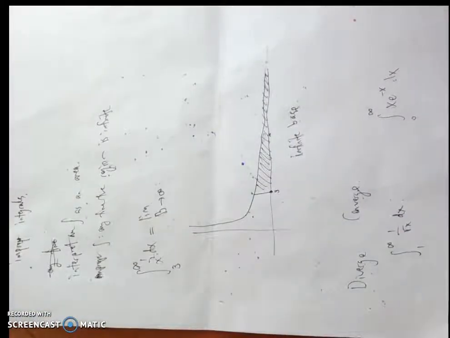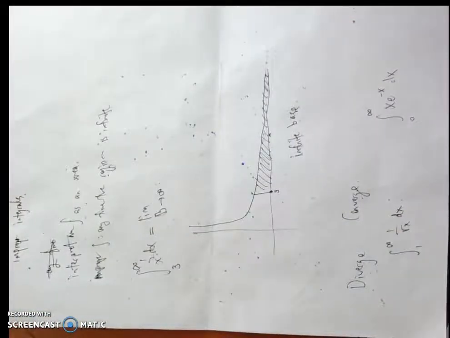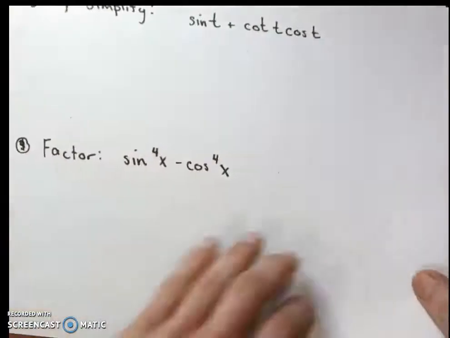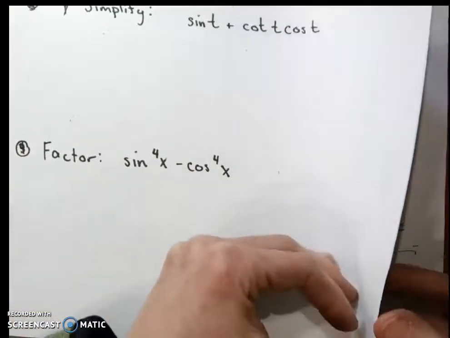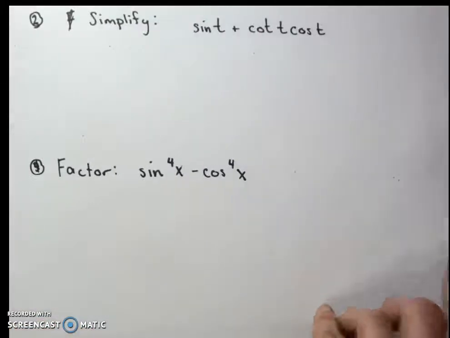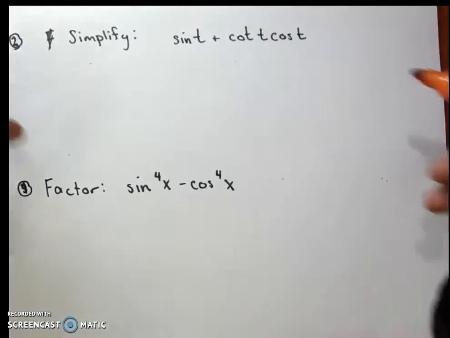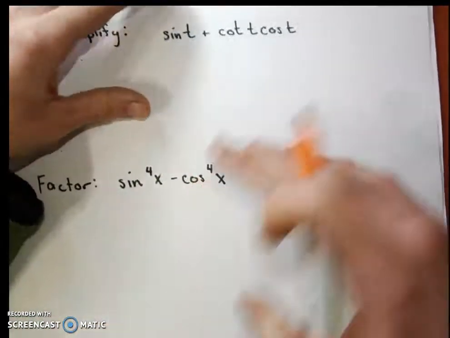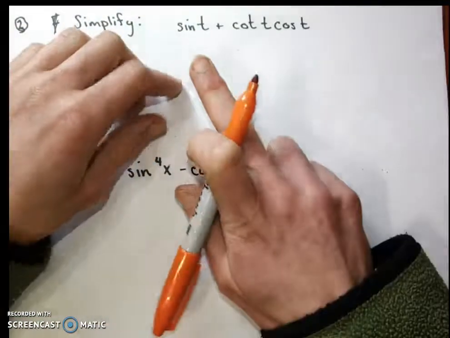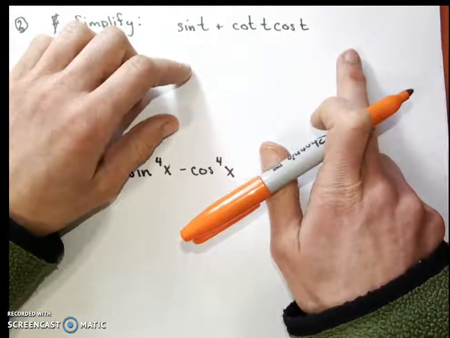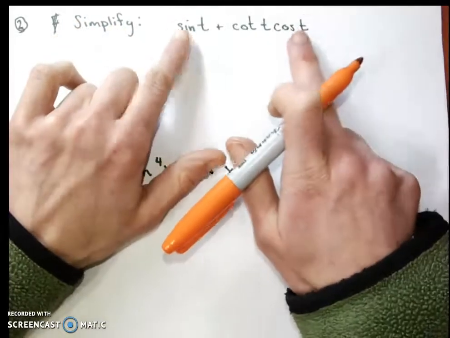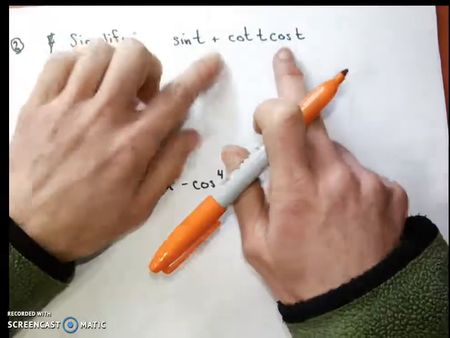Let's move on to the next. Another simplify. So here I want to simplify sine of t plus cotan of t times cosine of t. And again, my goal when I'm simplifying is to limit the number of different trig functions that I use. So sine and cosine are usually okay.